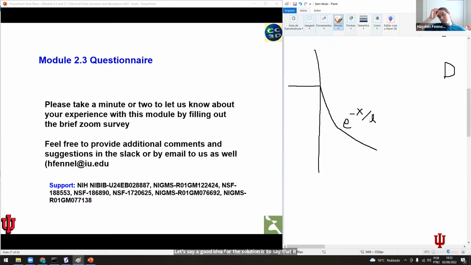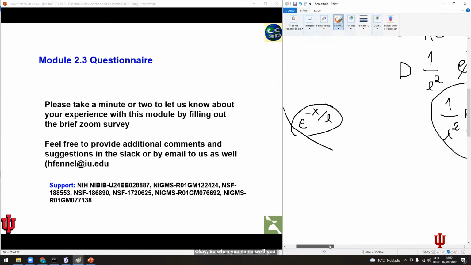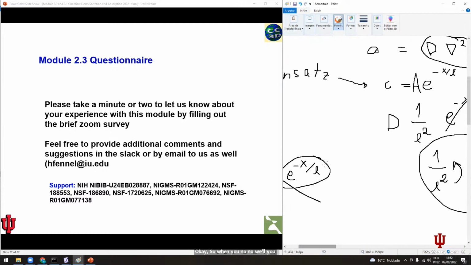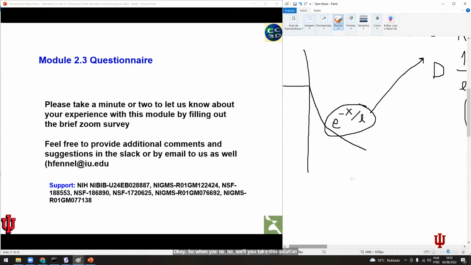Okay, so you take this solution, this supposition, and you plug into the equation and see what happens. What you come out with, okay? This is the idea. So ansatz is a clever idea for your solution. And then you take this idea and you test in the equation you have.